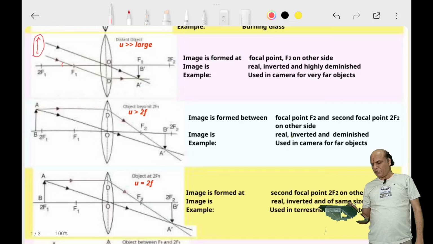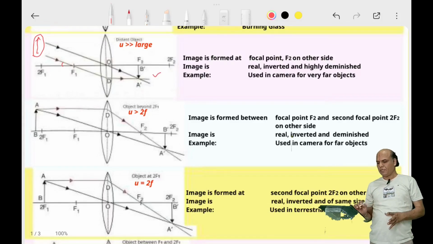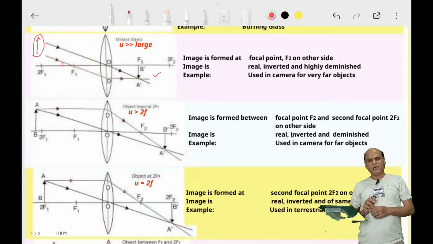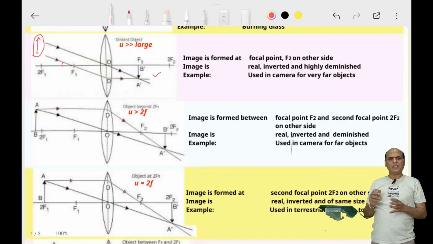An image which is shown as a dash b dash here in the figure. An image is formed of the object which is not shown here. If you notice, the image is formed on the other side of the lens. The image is inverted, the image is real, and the image is highly diminished.